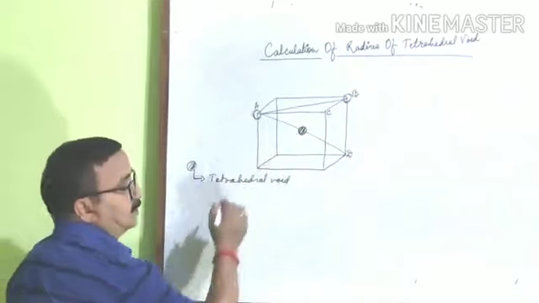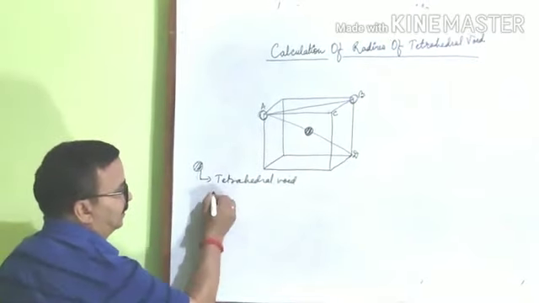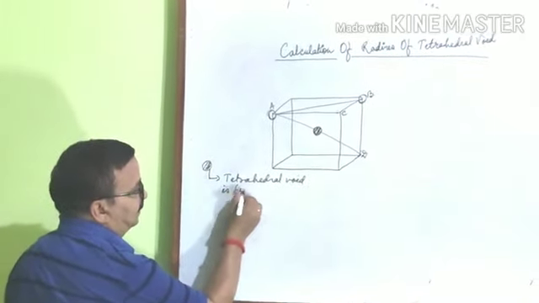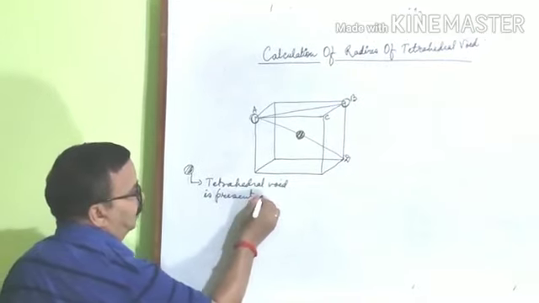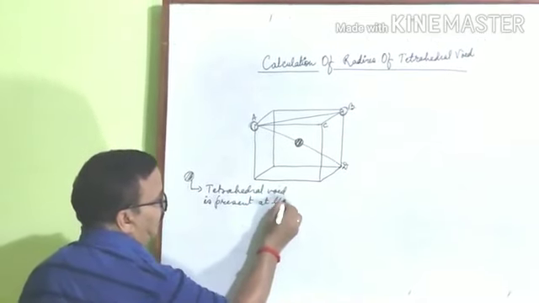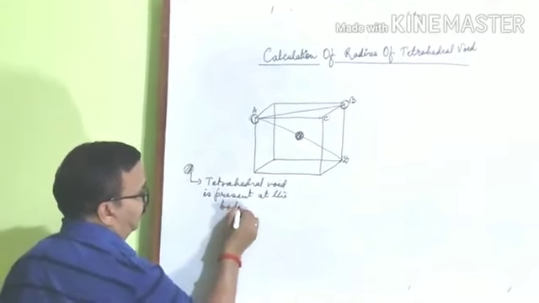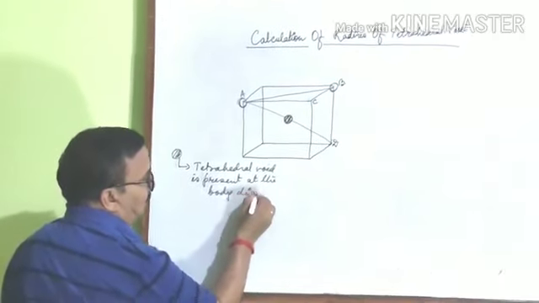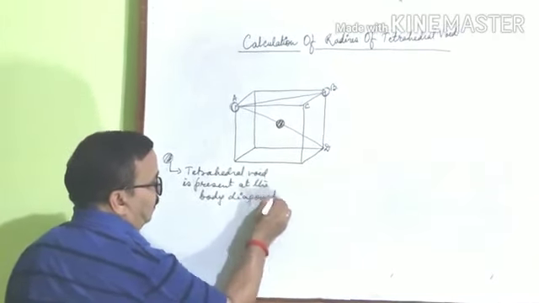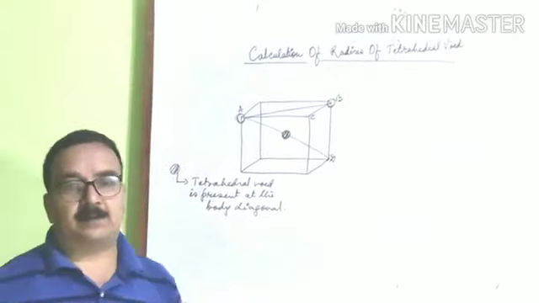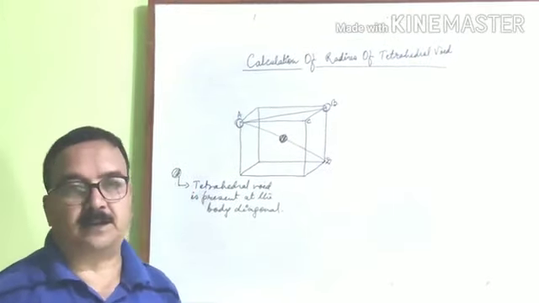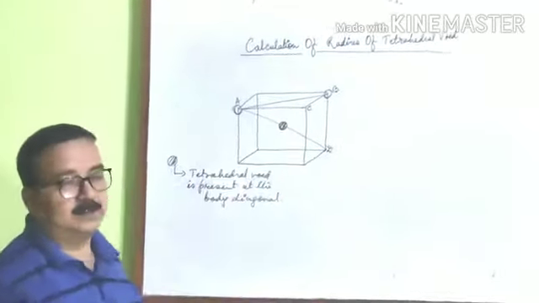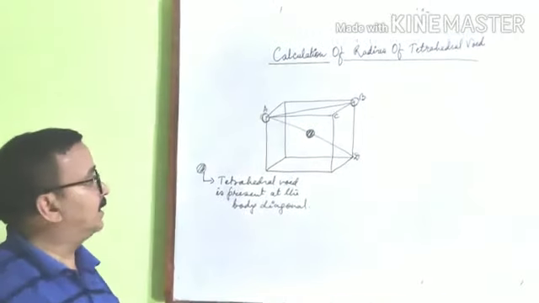This tetrahedral void is present at the body diagonal. We know that at a body diagonal there are two tetrahedral voids. So this tetrahedral void is present at the body diagonal.